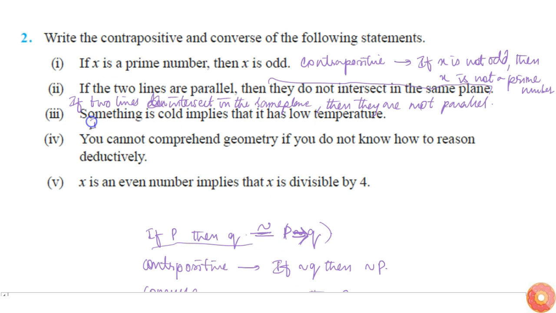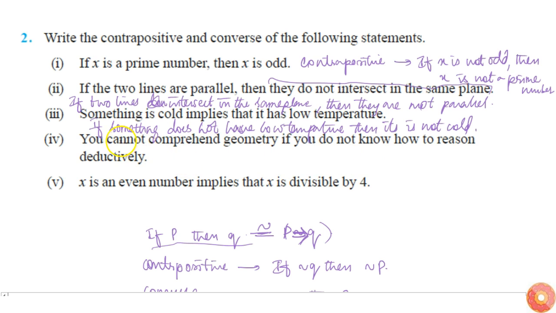That is, if something does not have low temperature, then it is not cold. So writing the contrapositive is too easy. You just write negation Q implies negation P.